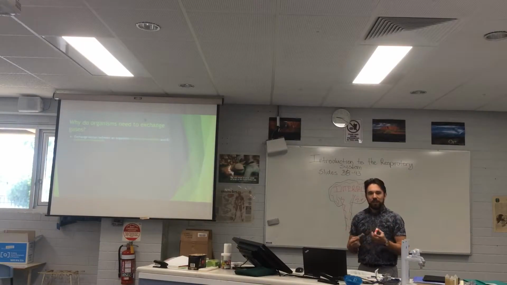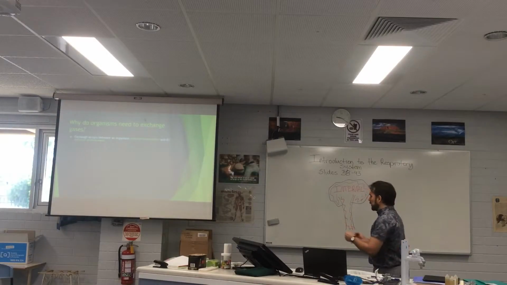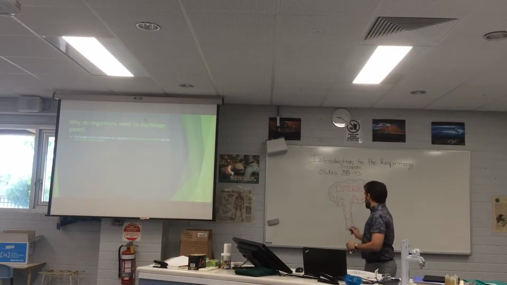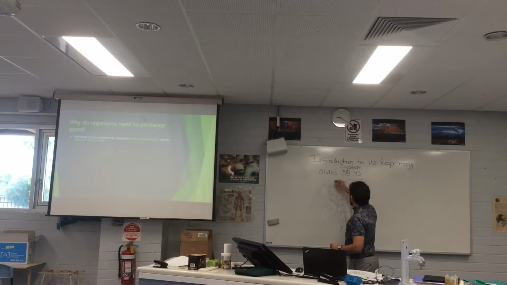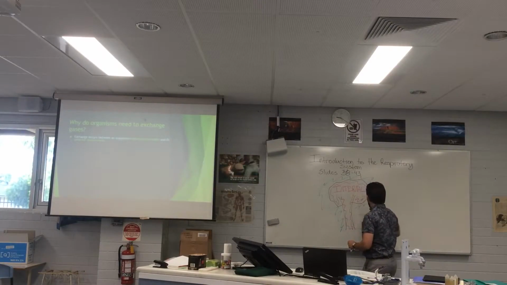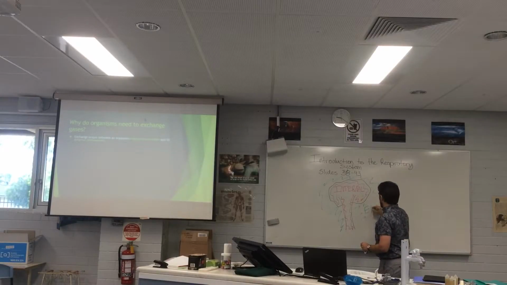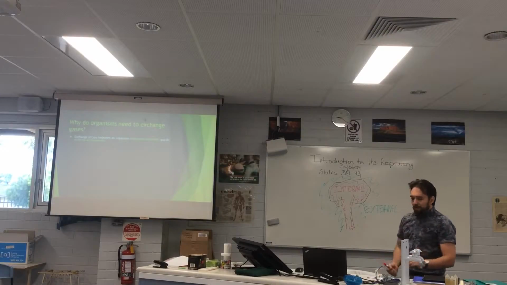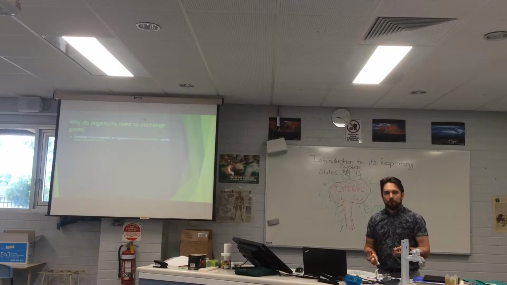It can only change the internal environment. The external environment is everything surrounding this tree. I'm just going to represent this in green. So here is our external environment. Now, exchange happens between these two environments.